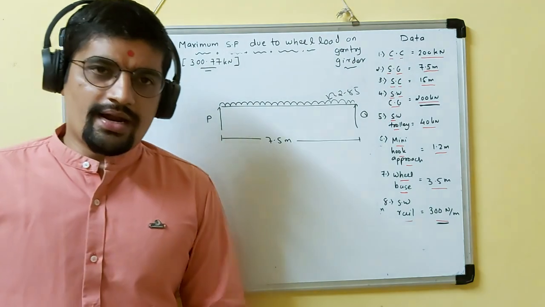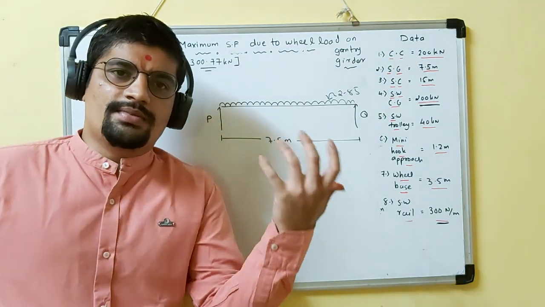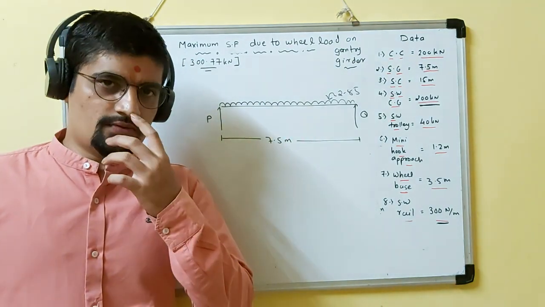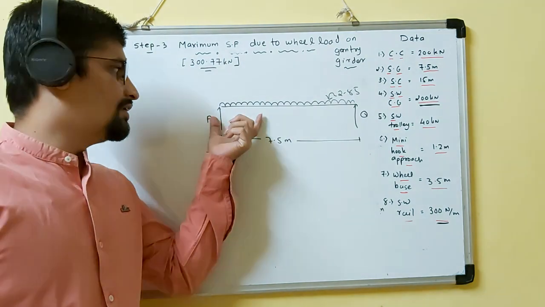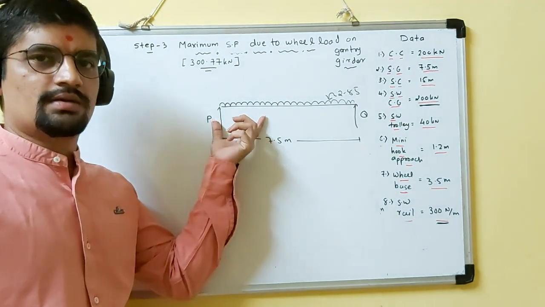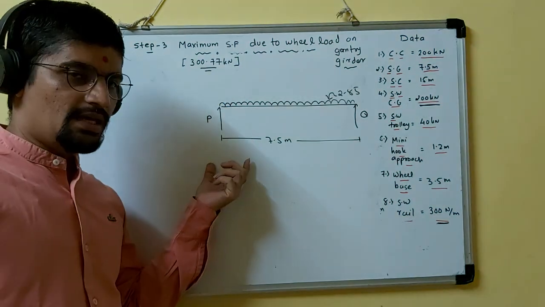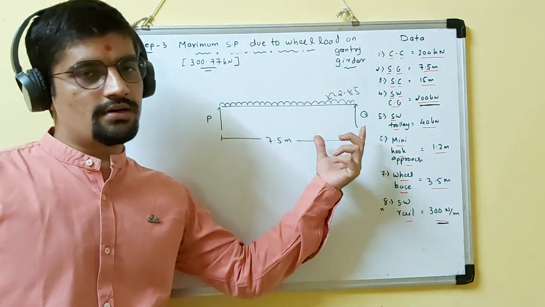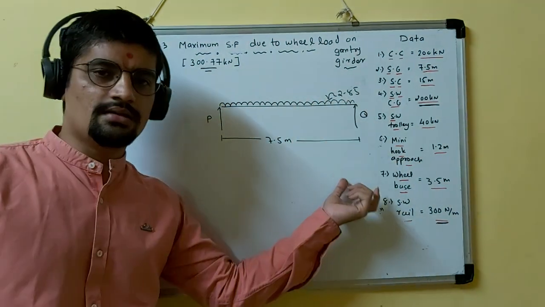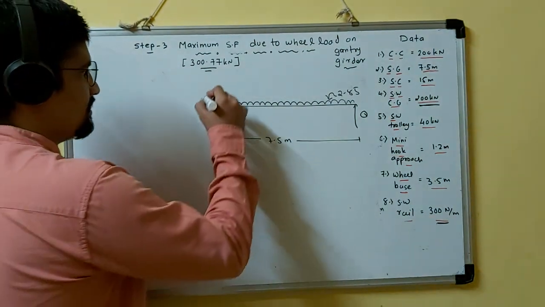At the end where the trolley will be placed, at that end the shear force will be maximum. If we place our trolley here, at this corner, the shear force will be maximum at P. If we place our trolley at this corner, the shear force will be maximum at Q. So let's see, I am placing my trolley here.